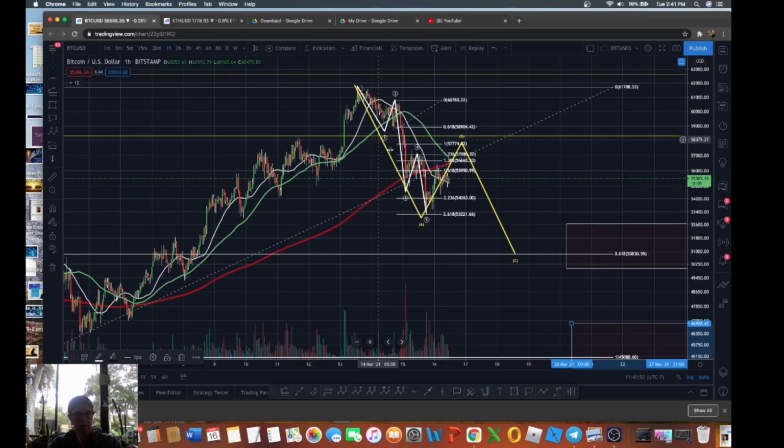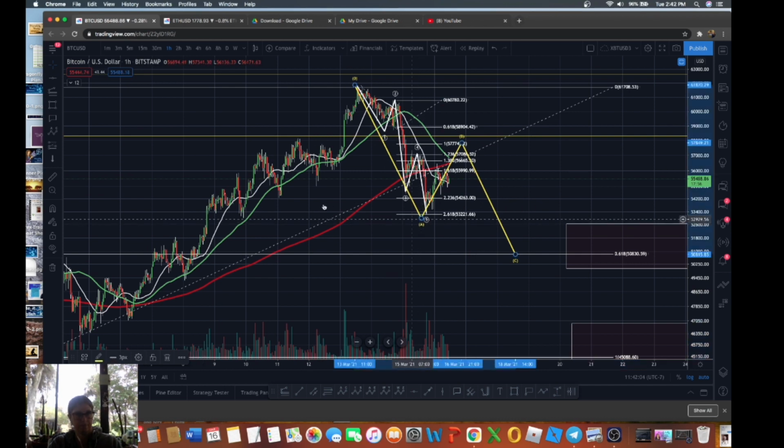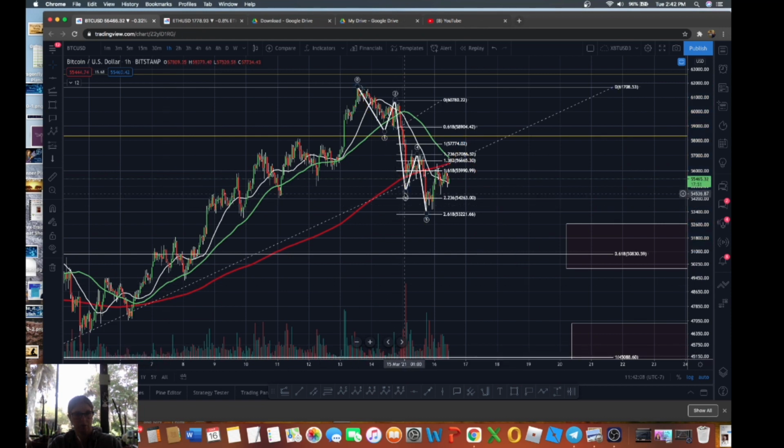Let me go back. So it can be an A wave if the 5-wave is complete here, or a wave 1. There is another option. If this just rolls over here, then this could be a 1, 2, all of this is 3.